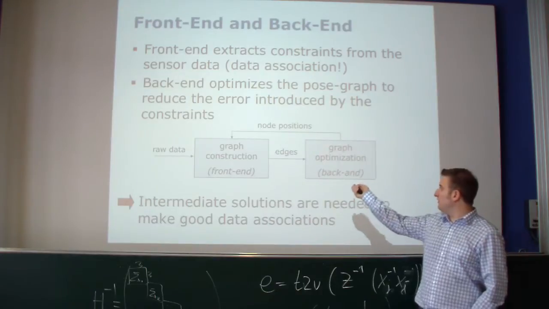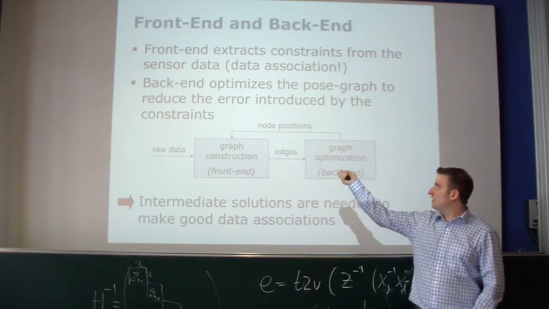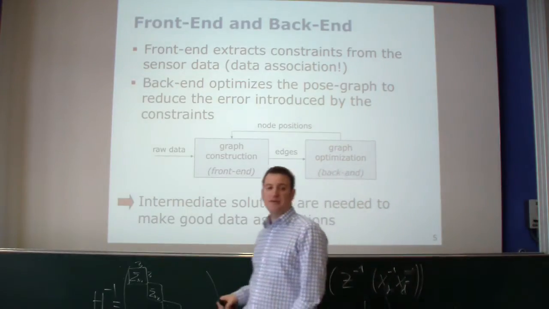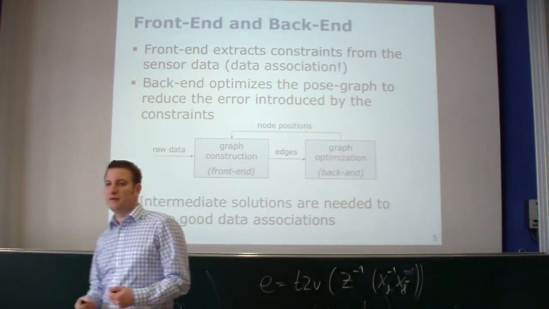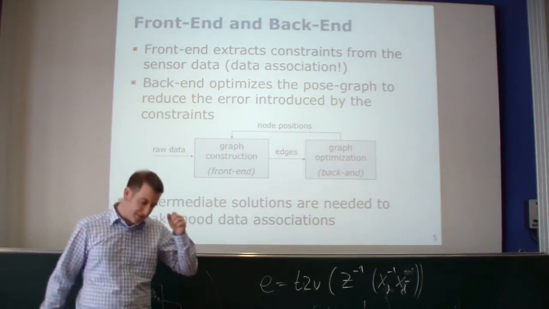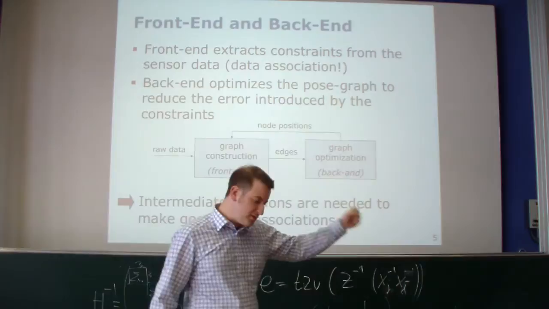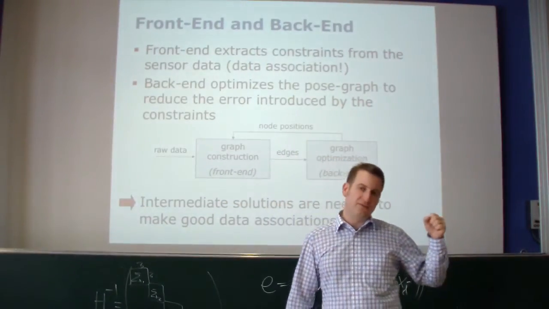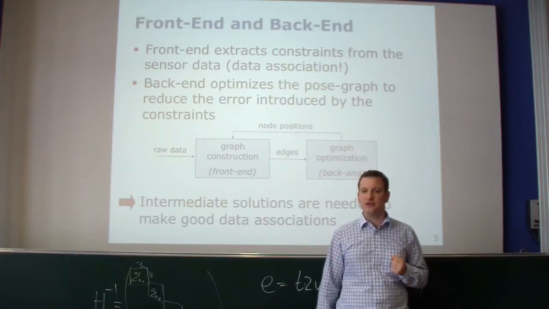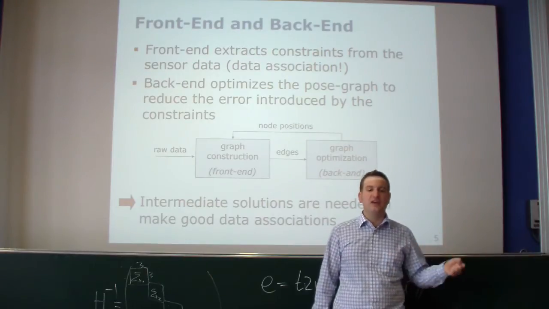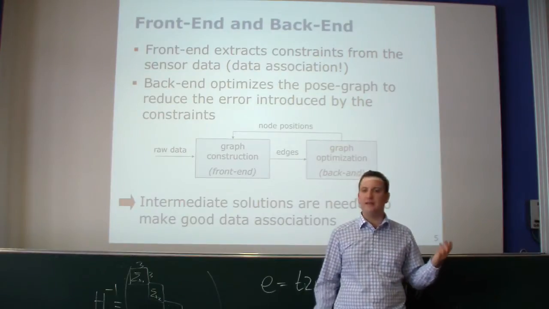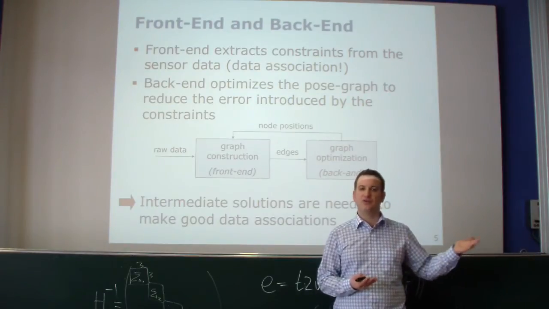And the optimizer, or the back end, feeds back the node positions to the front end, typically together with the uncertainties, so that the front end can say that at this node here, the probability distribution of one of the nodes is very close in terms of Mahalanobis distance to the current location of the robot. So it's worth investigating if I can close a loop here and relate the current observation to the observation which is stored in that node.